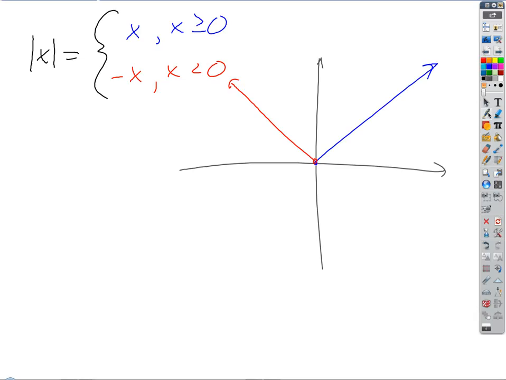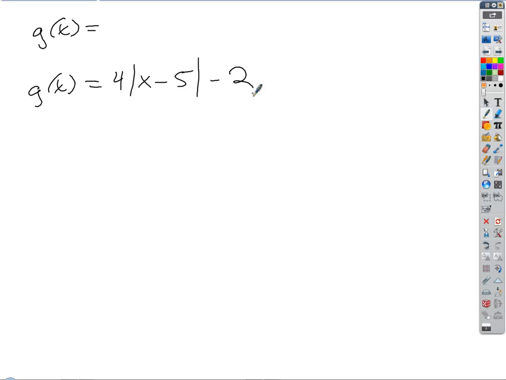Let's say we want to graph g of x equals 4 times the absolute value of x minus 5, minus 2. That ought to look pretty familiar, right?